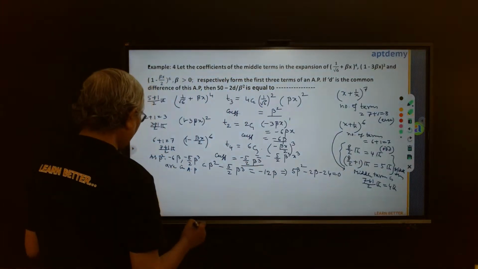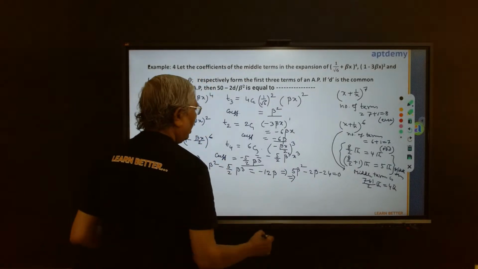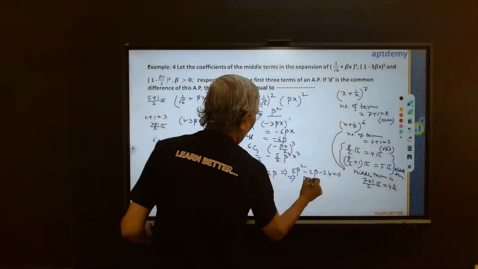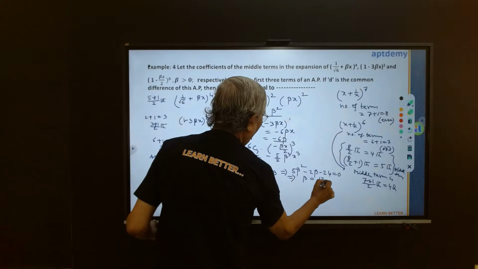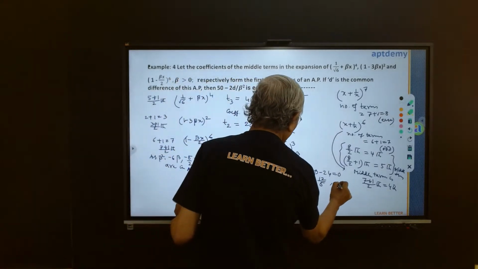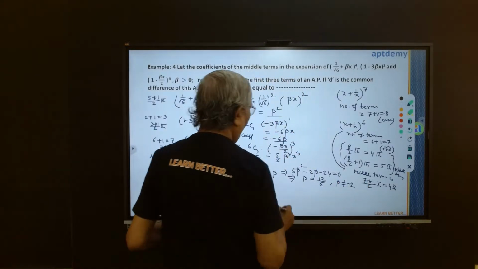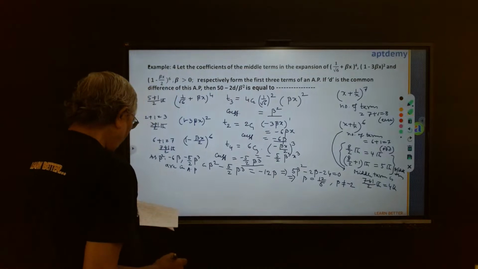Therefore, we will get beta is equal to 12 by 5, and the other value will be rejected, beta not equal to minus 2. Beta is equal to 12 by 5.